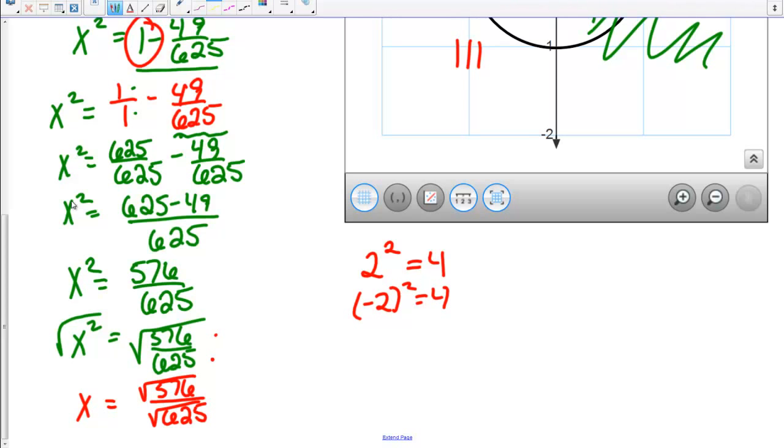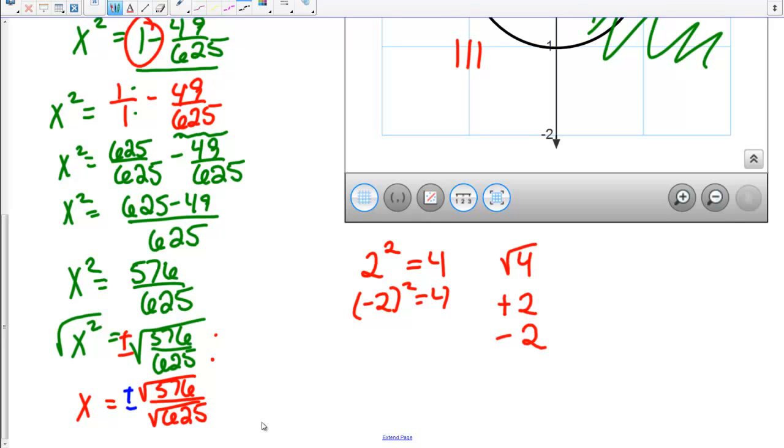So when we take the square root of 4, that could either be positive 2, or it could be negative 2, right? So that means that this is plus or minus the square root. Same thing down here. This is plus or minus.